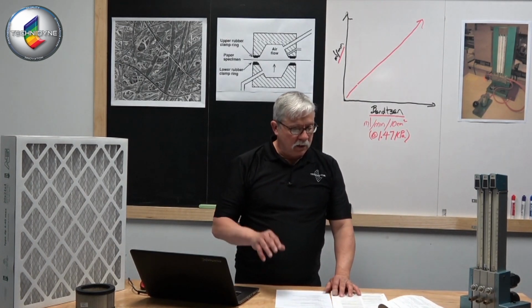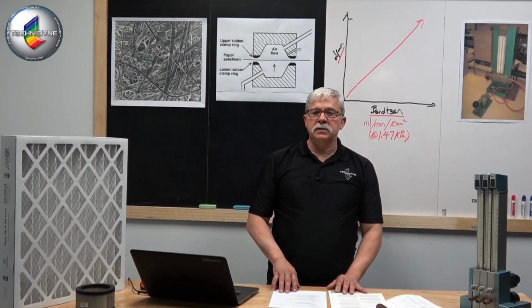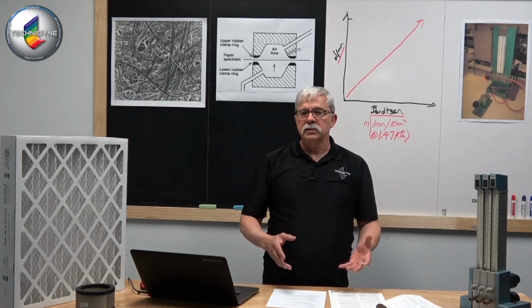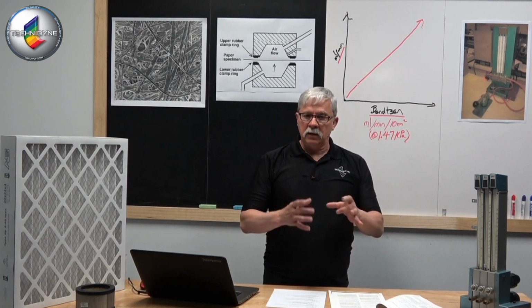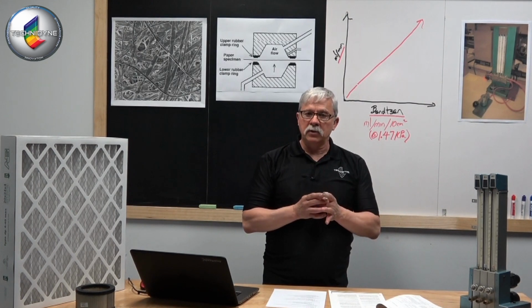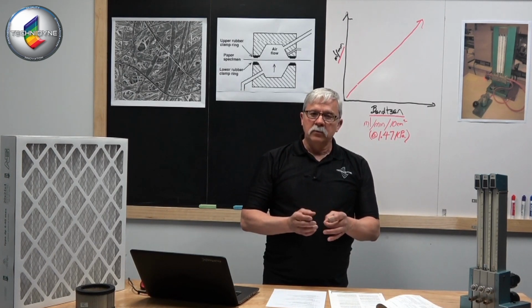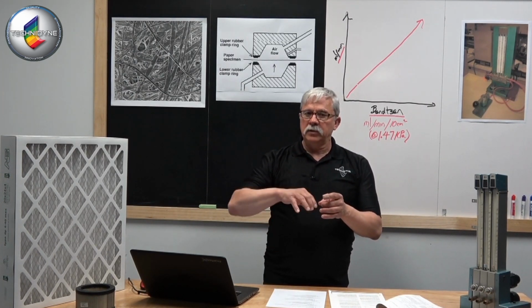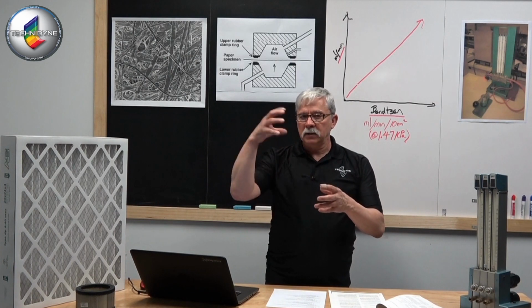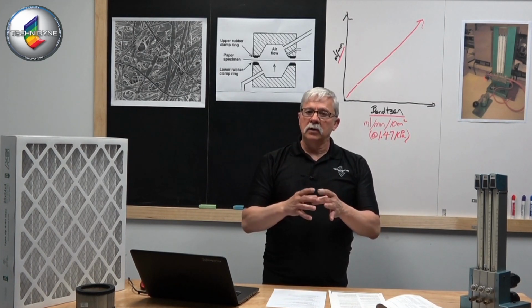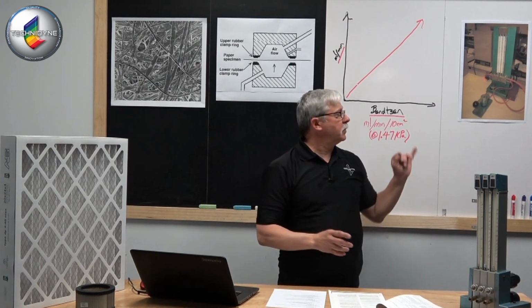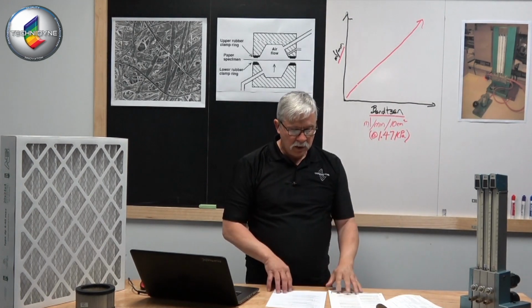So the critical parts of the test, as with all these tests: we have to define the area that we're trying to capture for this test analysis, and we have to have the means to maintain that pressure differential across that sample long enough so that we can get a stable measurement.